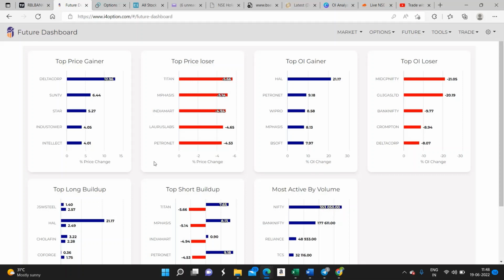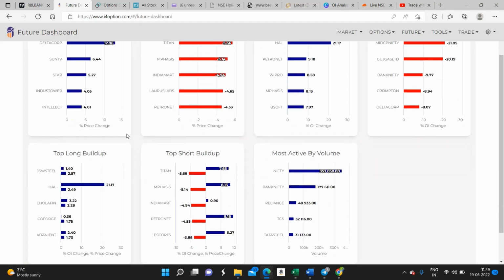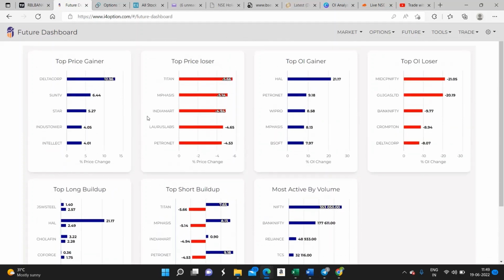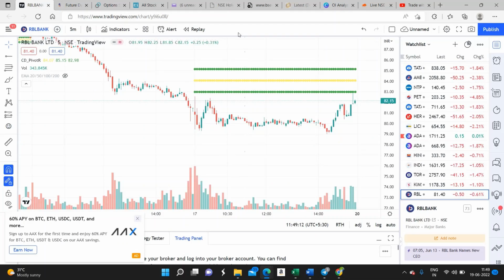So see what I found: Delta Corp on Friday, it has hit 12.96. So we'll just check Delta Corp in the charts. So this is TradingView.